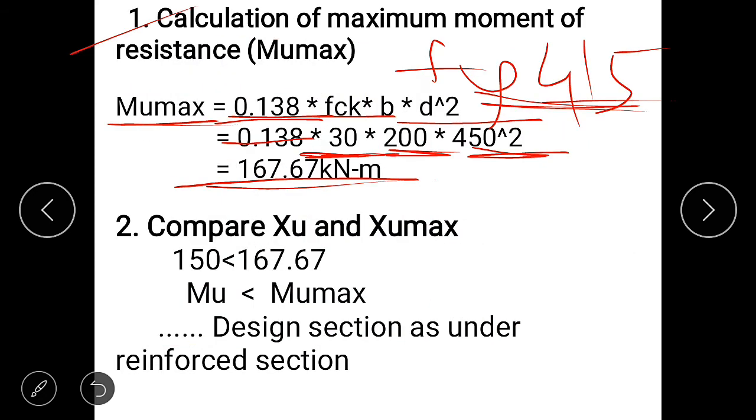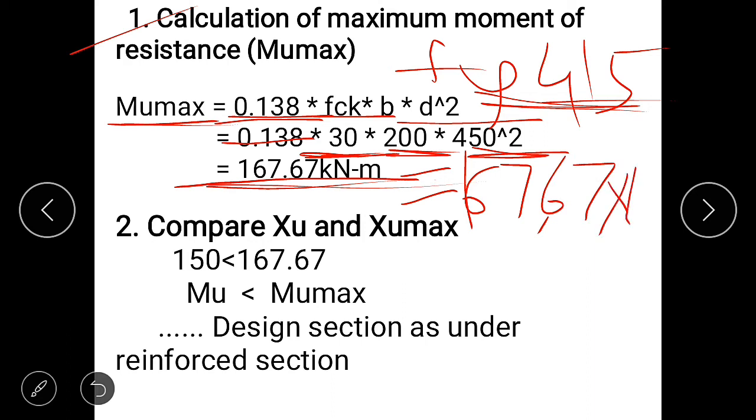Mu is 150 and Mu max is 167.67 kilonewton meter, means 167.67 into 10 to the power 6 Newton mm. Okay, so compare here xu and xu max. Here we have not calculated xu and xu max, so we compare Mu and Mu max.